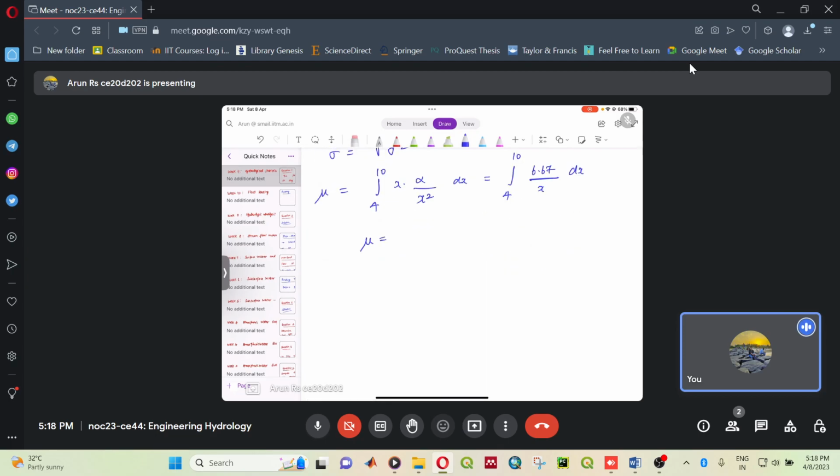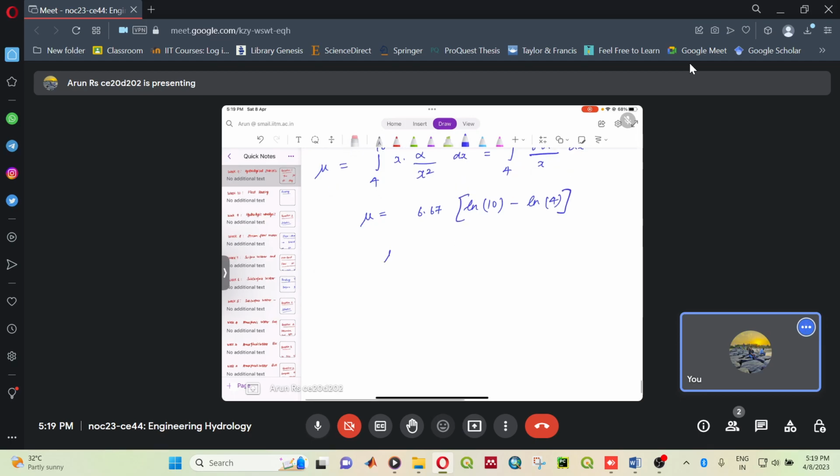So mu is equal to 6.67 times the integral of 1 by x, which is the natural logarithm. So it will be ln of the upper limit minus ln of the lower limit. So we can find the mean as 6.11.